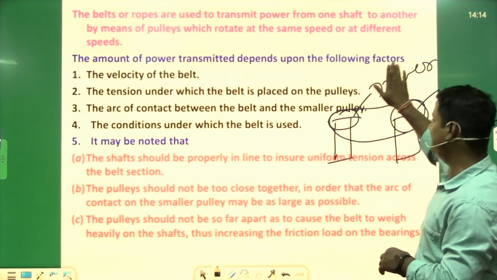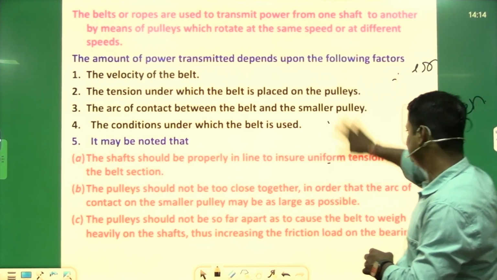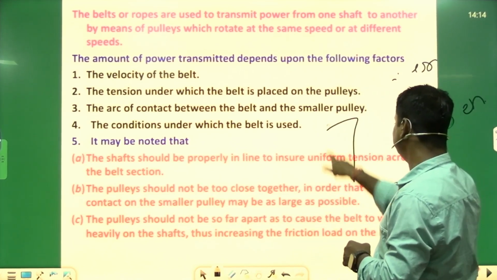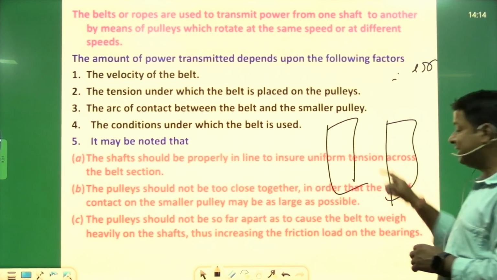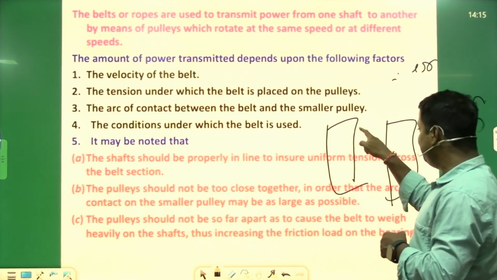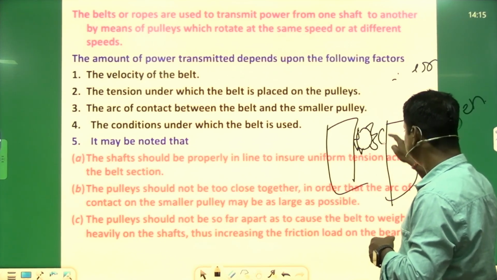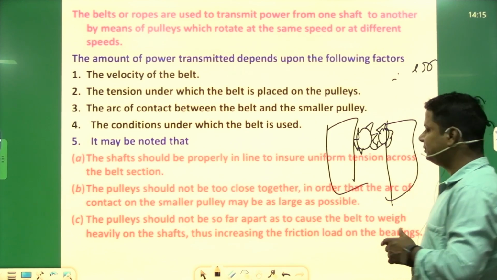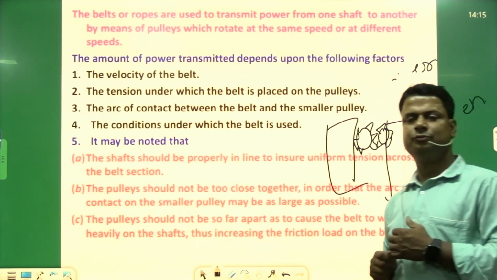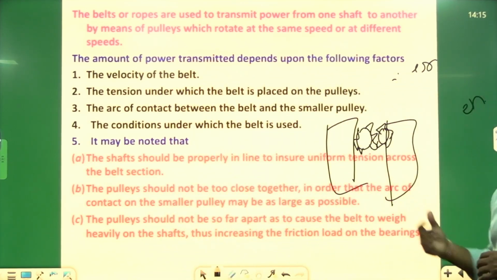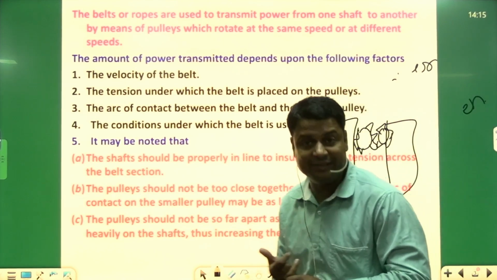Now, the third method. When two shafts are here, I may connect these two shafts with the help of gears. Now, one question comes to your mind: if our motion can be fulfilled with the help of a chain, why do we need a belt?